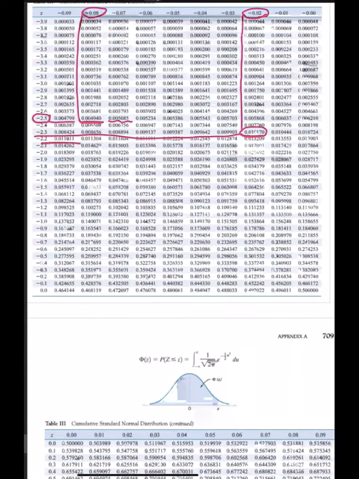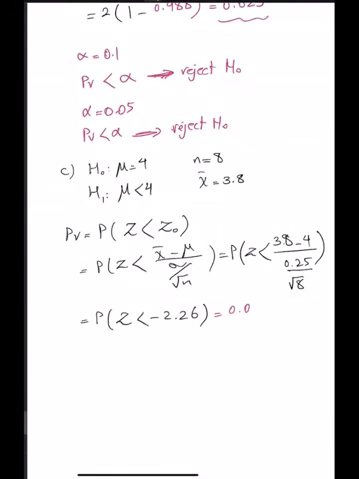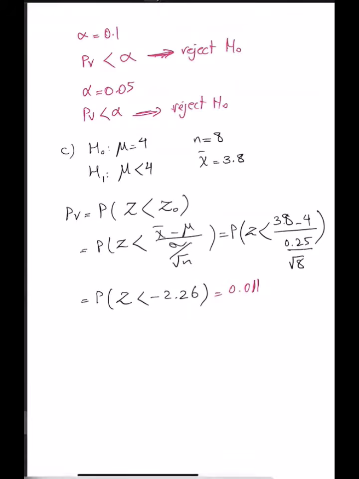That's 0.011. So if alpha, the significance level, is 5%, then in this scenario the p-value is less than alpha, so we are going to reject the null hypothesis.